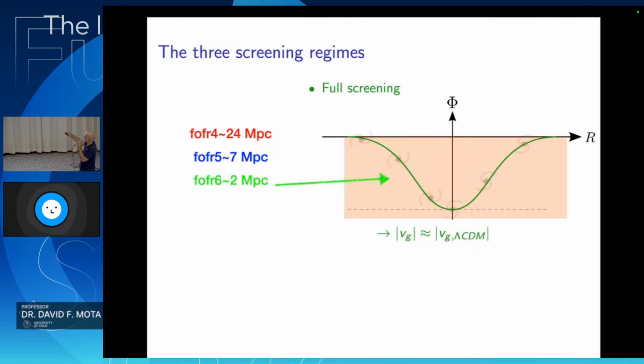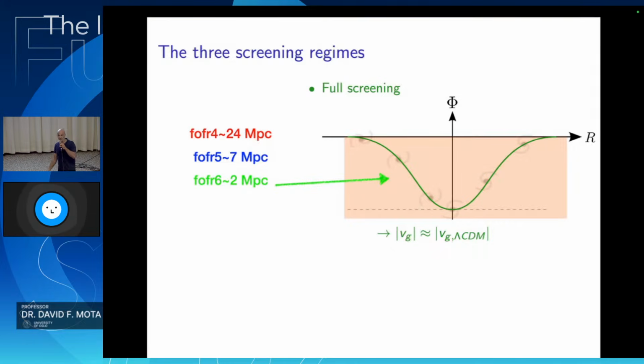Remember the coupling in F of R is always the same: it's 1/3 of the gravity strength, fixed for F of R gravities. What changes is the range of the force, and that's the chameleon mechanism. At cosmological scales today, F of R4 is about 24 megaparsec, F of R5 is about 7 megaparsec, and F of R6 is about 2 megaparsec.